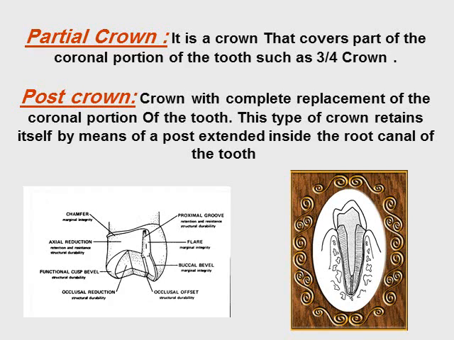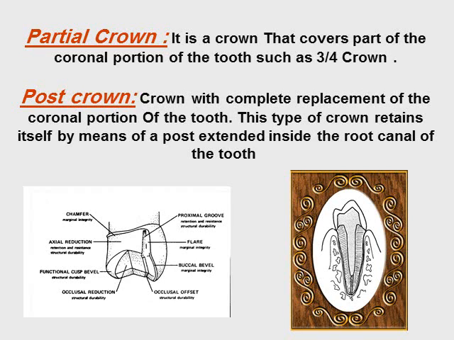The third type of crowns is the post crown. Here in this case we have no crown, no coronal portion. The tooth has completely fractured, leaving only the root of the tooth, and it is difficult to retain a crown on it.